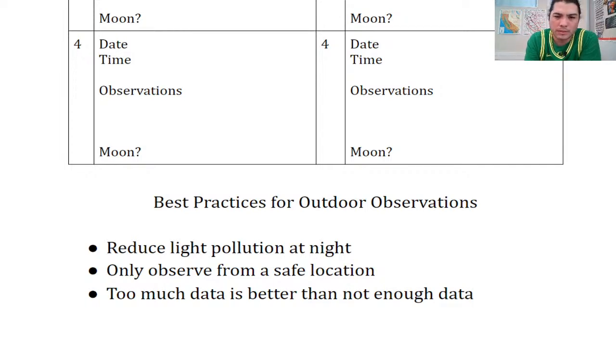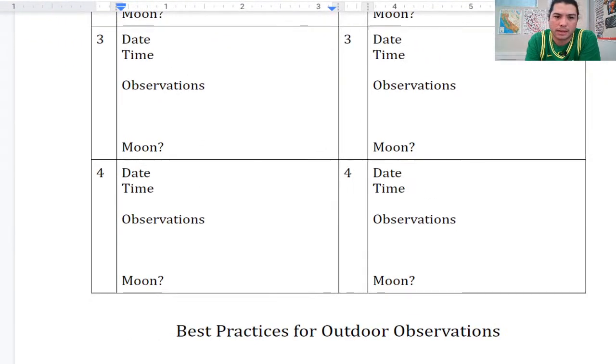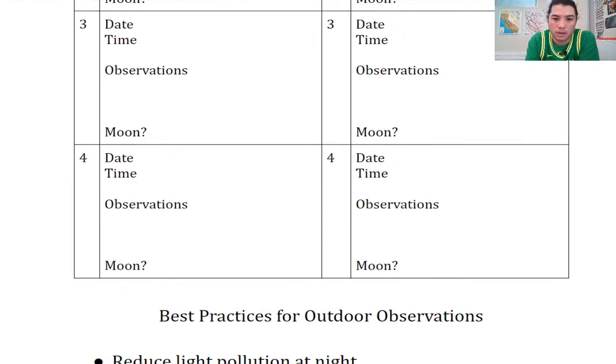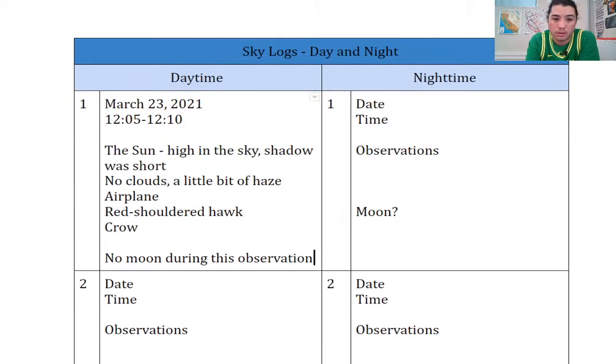So this was just a way to introduce this Skylog, and you will be taking your own data over the next week, okay? So again, date, time, all the things you can see in the sky, even if you think it's silly. If you see power lines, put them up. They're in the sky, right?